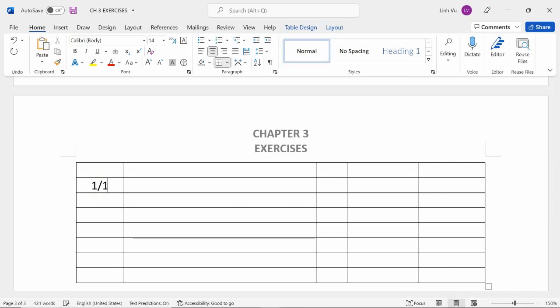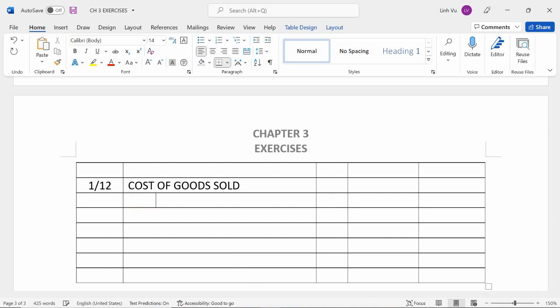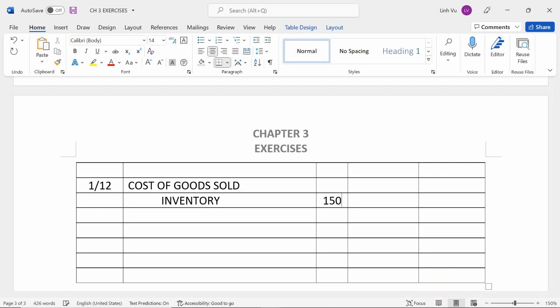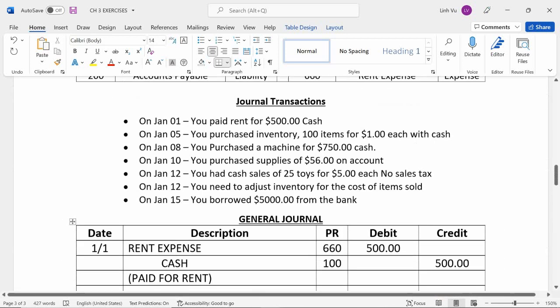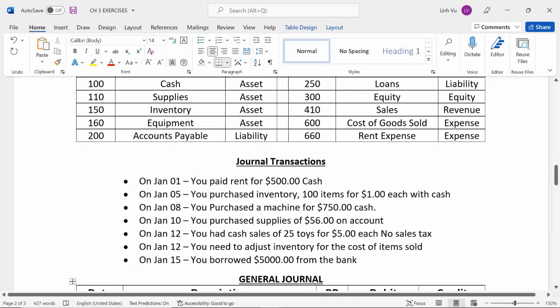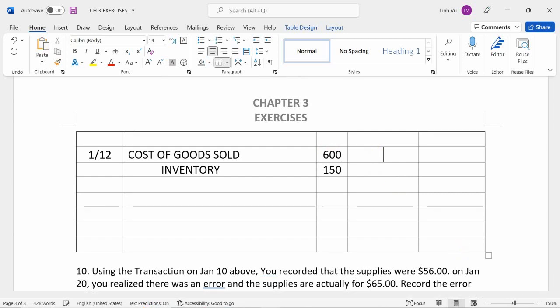It's January 12th, right? We have the cost of goods sold, okay? And we're going to adjust our inventory. Okay? So inventory was 150, and cost of goods sold is account number 600. Okay? So now let's go ahead and figure this out.